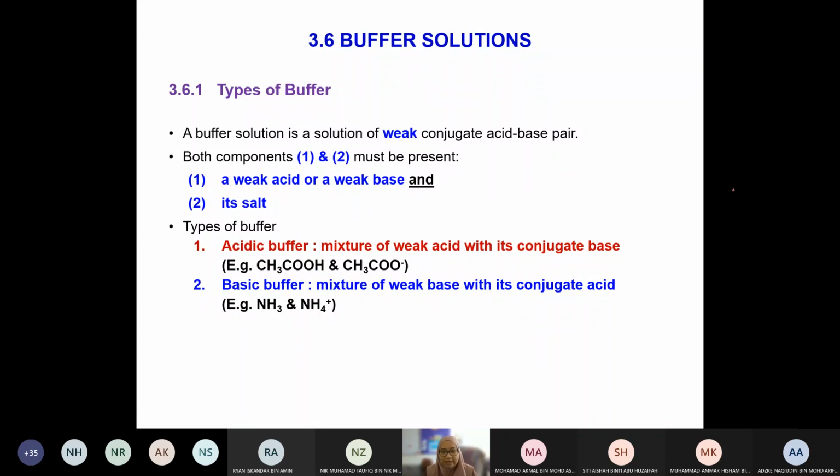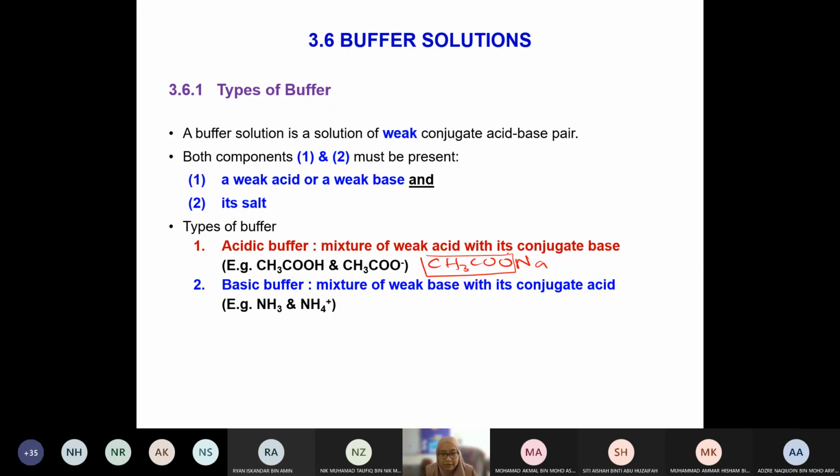Normally the salt we are familiar with would be sodium acetate. So this is the salt. But what we will actually use is the conjugate, the conjugate base of the salt.